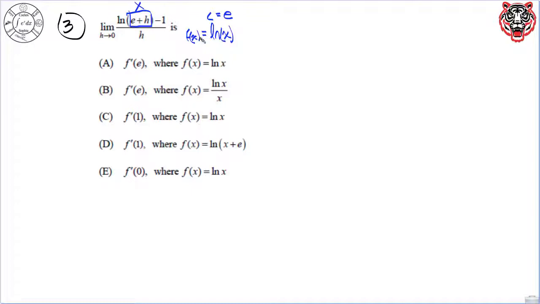And from there I need to take the derivative. What is f prime of X? The derivative of natural log is 1 over x, and then I need to find f prime of c. That is going to be 1 over c, 1 over e in this case. All right.